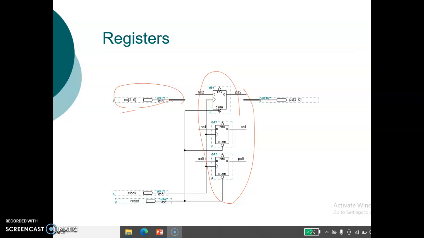Here PS 2 to 0, it is the 0 to 2 output vector. Plug in here like this, and then here also.